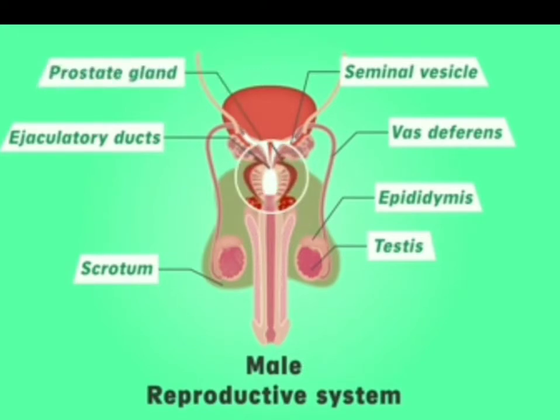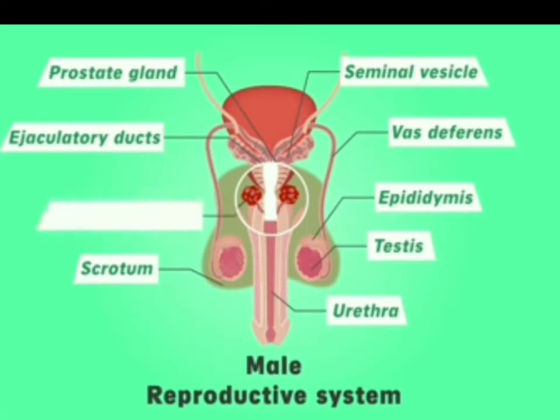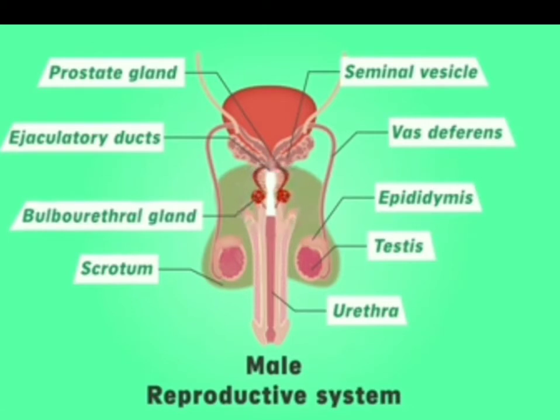And the next gland is the prostate gland. The prostate gland is secreting prostate fluid, for protection. And one more gland is there, a bulb-like gland. Can you see the two pair of bulb-like glands? That gland is called the bulbourethral gland.